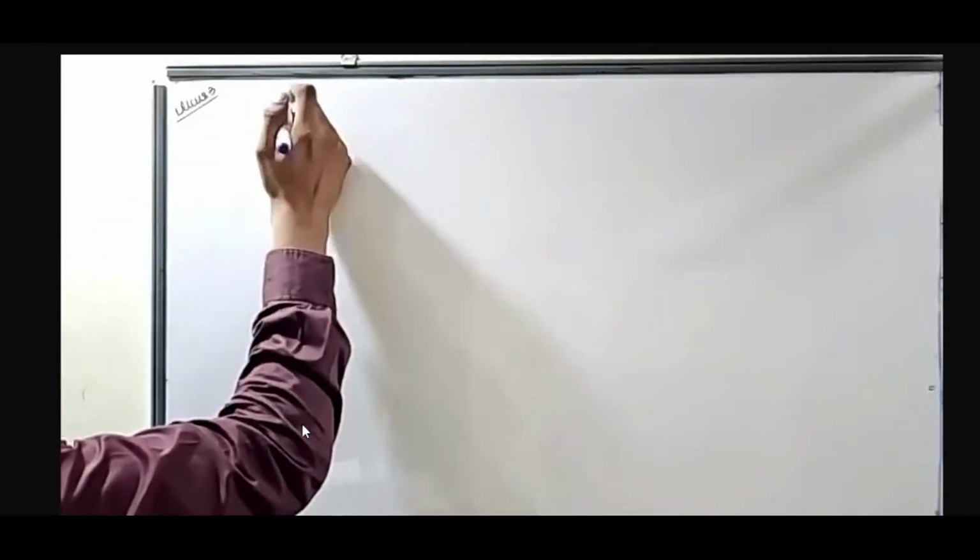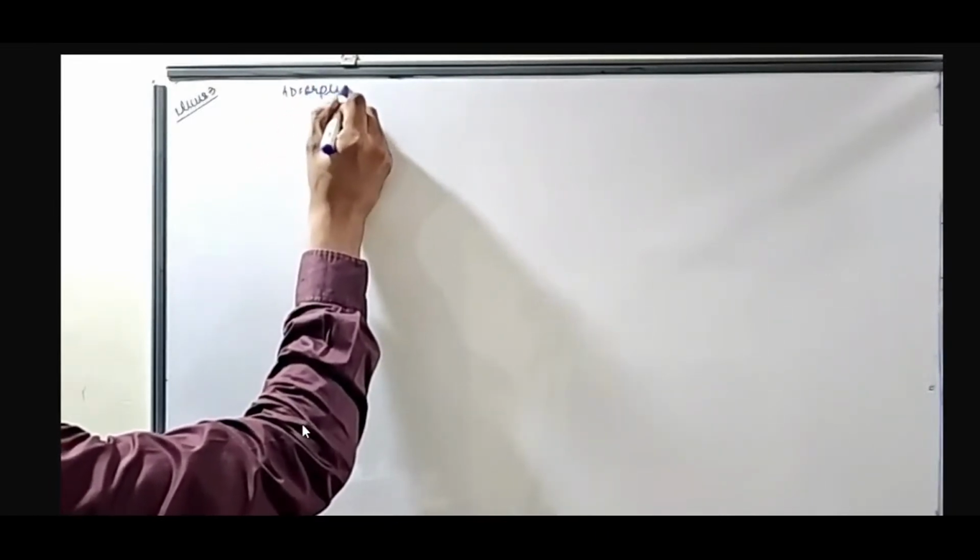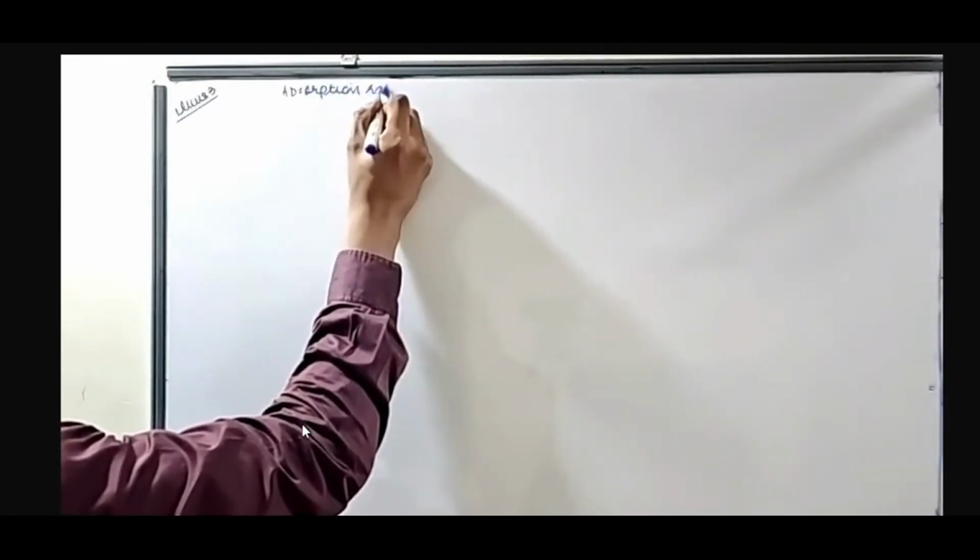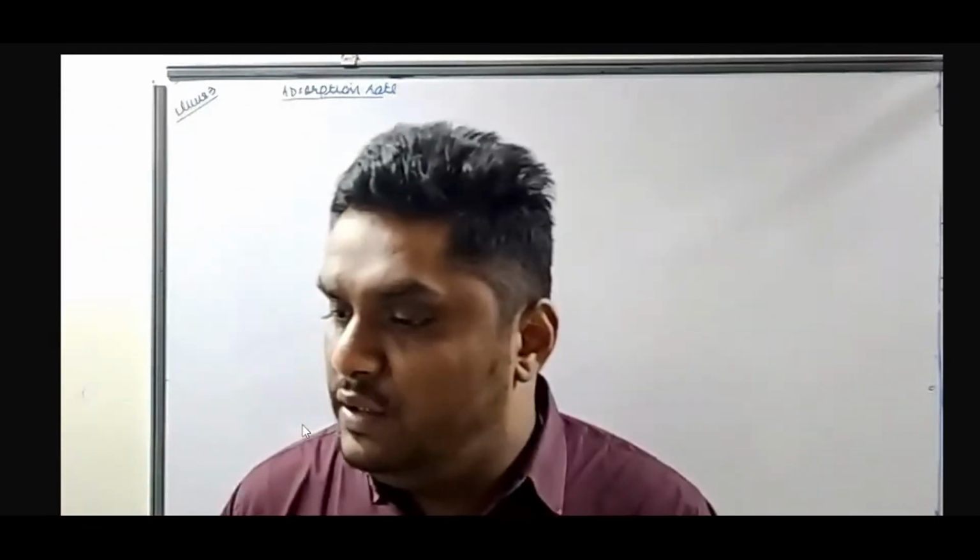So the first thing we did is calculate the absorption rate as per the traditional system. We calculate the absorption rate, that is 12,42,500 divided by 20,000 hours.